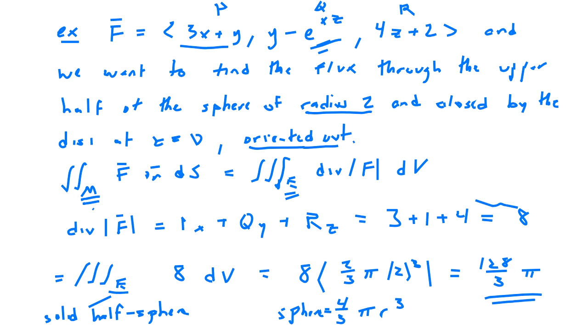2/3, because the 4/3 is for the full sphere, and we just want the upper half. Okay, so I said that, but let's actually do it. So let's do the same f. Same setup here, same f, still the upper half of the sphere, but now without the disk.